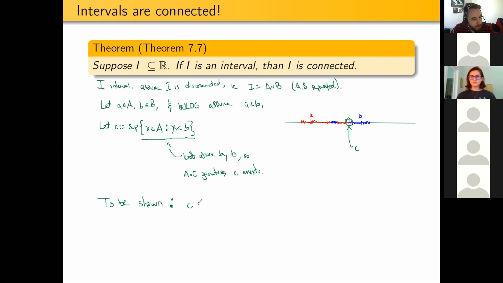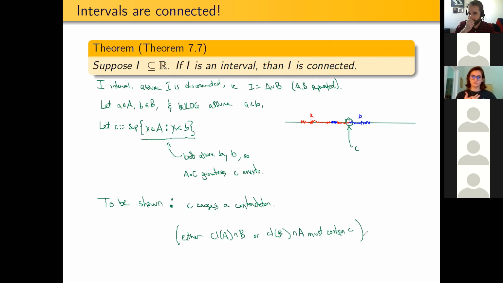Right? C causes a contradiction. And I'll even hint at what the contradiction is. The contradiction will be that either the closure of A intersect B, or the closure of B intersect A must contain C. Right?